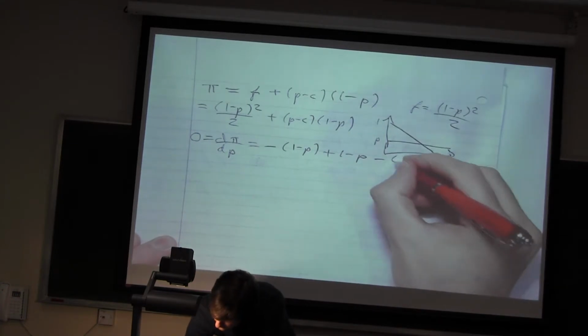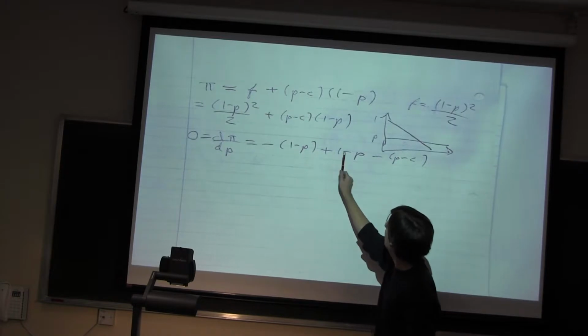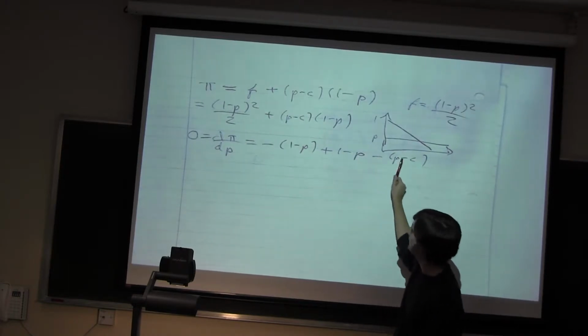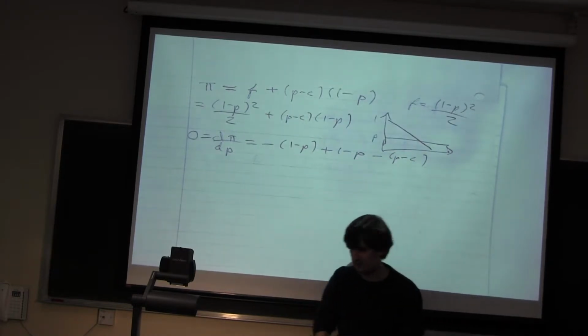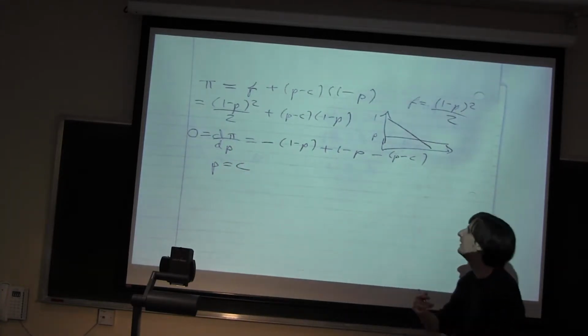Okay, so minus (p minus c). So we've got minus (1 minus p) plus (1 minus p), those cancel out, so price is equal to marginal cost. Okay, we kind of knew that had to be the answer, right?